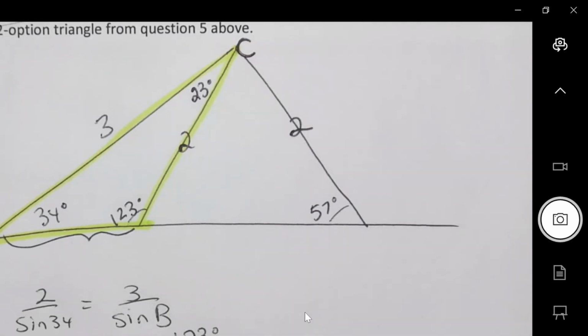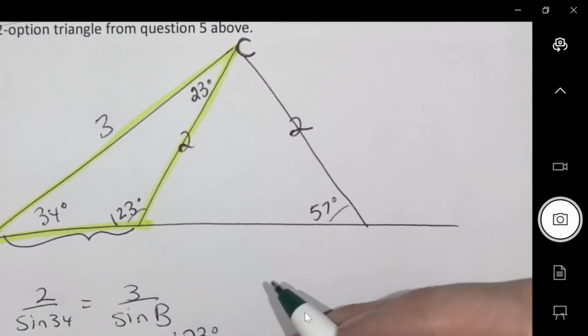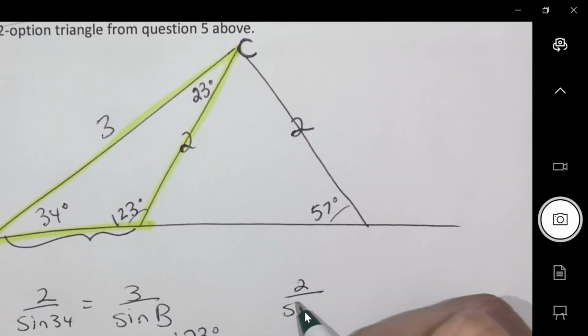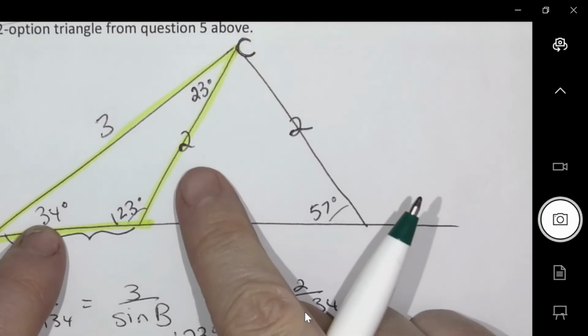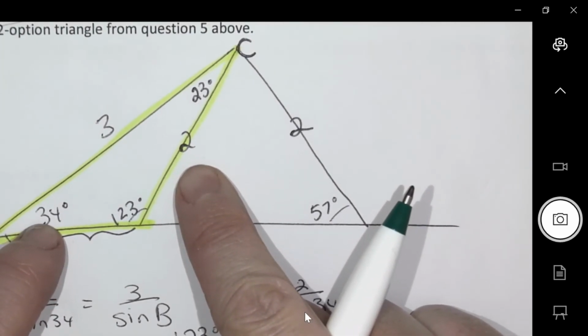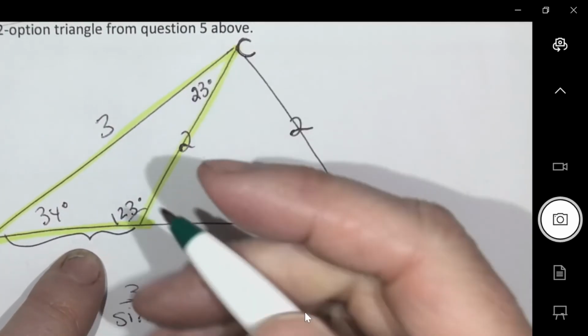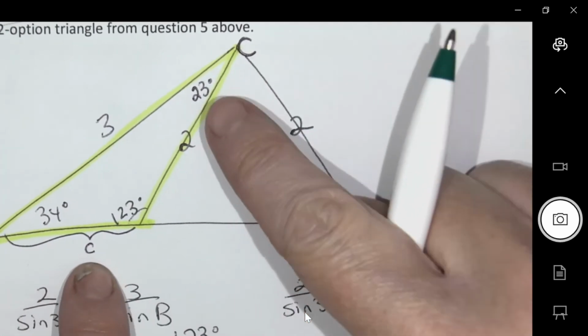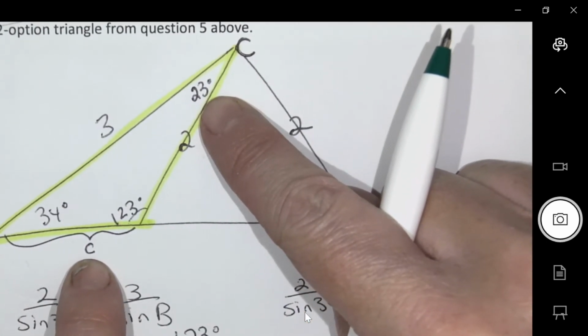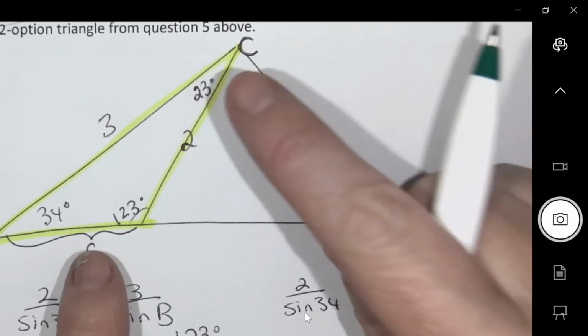Okay, now we're going to do sine law again. So 2 over sine 34, so pair. And then I'm going to do side C is now across from 23.